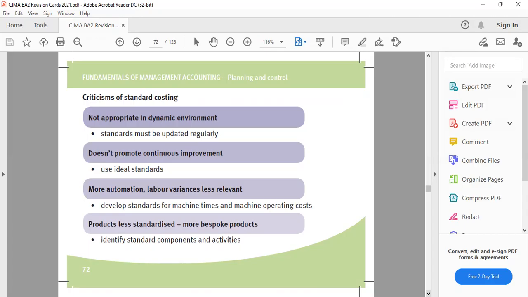But if the organizations have moved towards automation, depending too much on technology and digitization, then the appropriate way to verify is by the use of machine usage. Here it is labor usage. So labor variances are less relevant in such a scenario. Develop standards for machine times and machine operating costs. Then products are less standardized, more bespoke products. Identify standard components and activities.